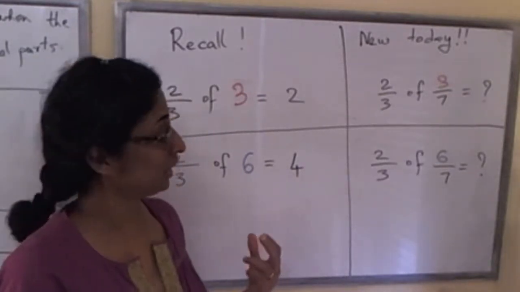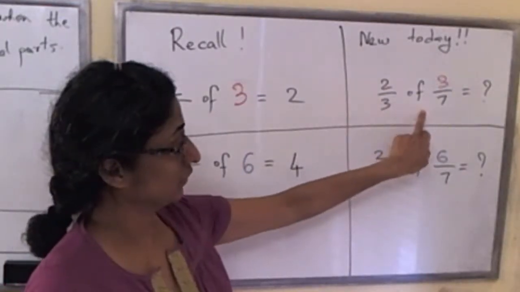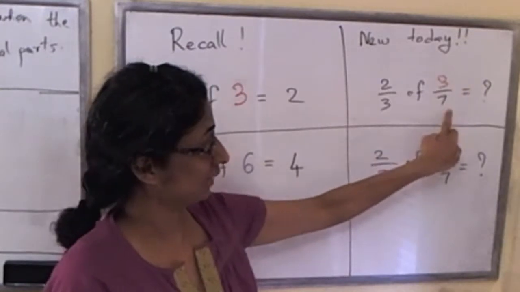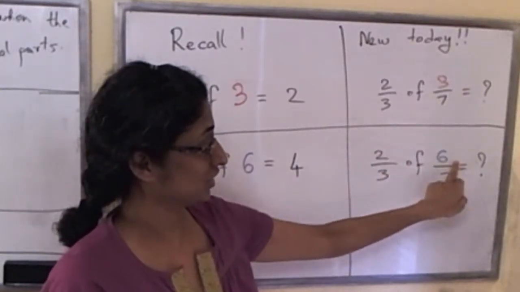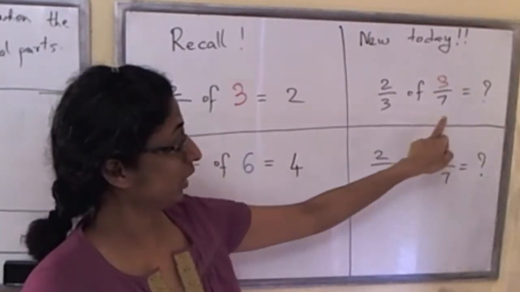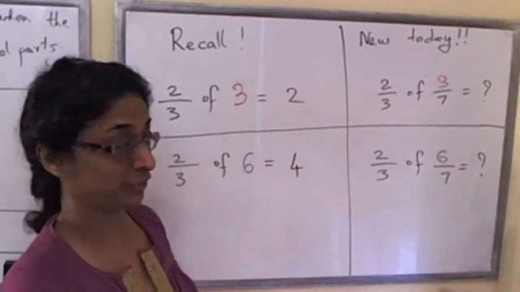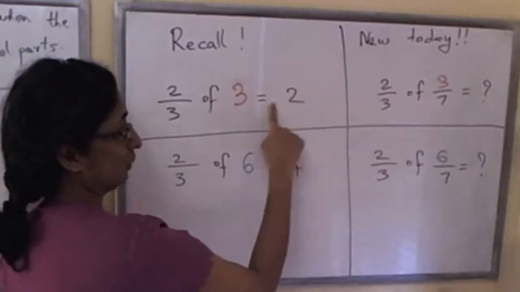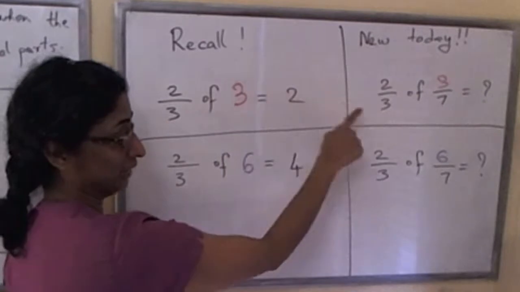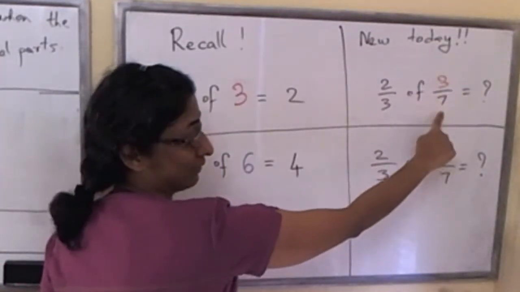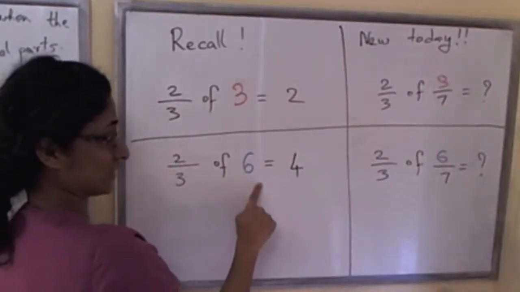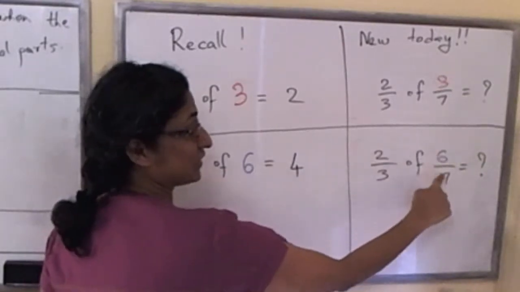So today I would like to discuss 2/3 of a fraction 3/7, 2/3 of this fraction 6/7. I chose these examples very carefully. Compare this with 2/3 of 3: this one is 2/3 of 3/7. 2/3 of 6, I chose 2/3 of 6/7.